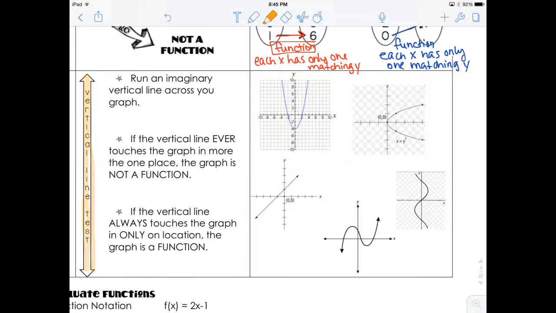And this one, now granted, I could put it out here and it would only cross once. But remember, if it crosses more than once in any spot, so if I draw it right here, it's going to cross in 1, 2, 3 spots. So this is not a function.